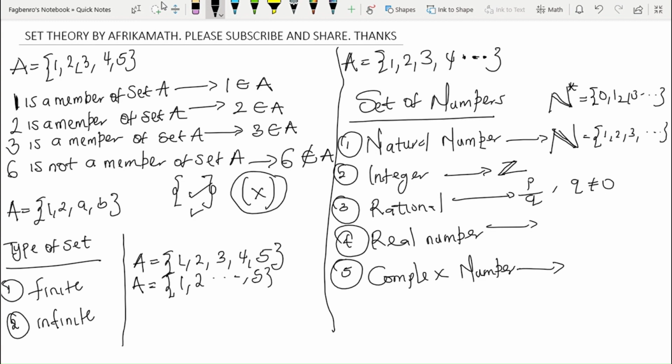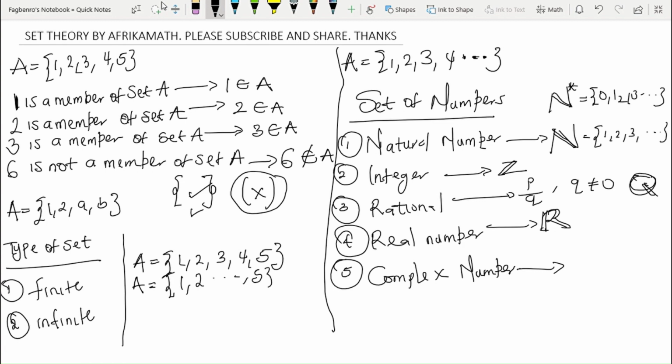The symbol for rational number is just this, Q. Real number is any number that you can find on your number graph. Decimal is there, natural number is there, integer is there, like that. That is real number. And the symbol is this.